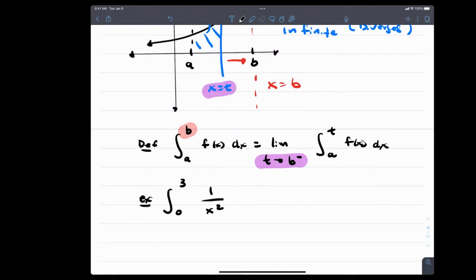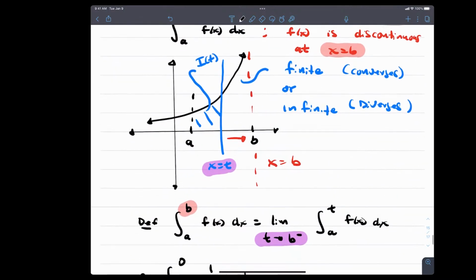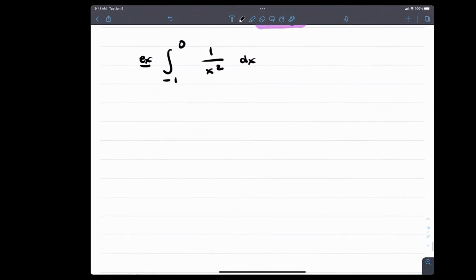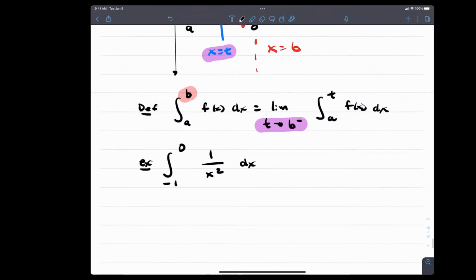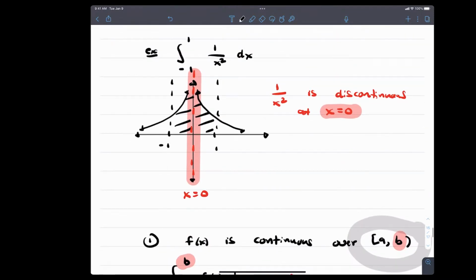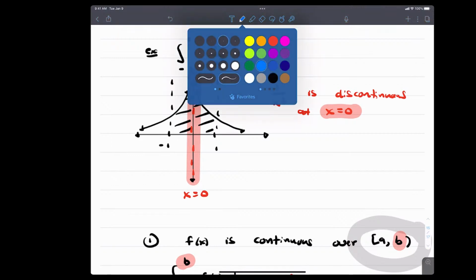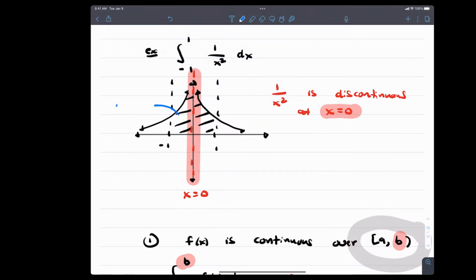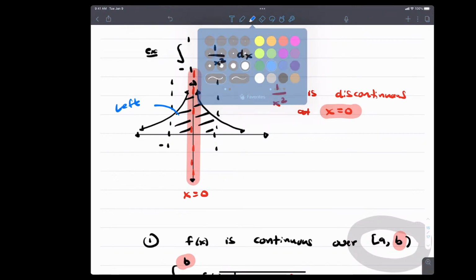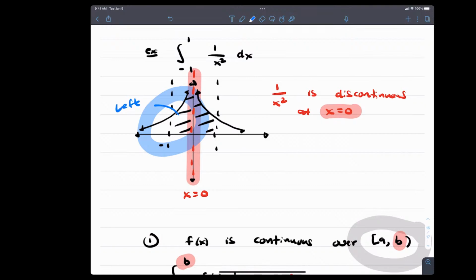Integral of 1 over x squared dx, but I'm going to look at it from -1 to 0. So you guys can see my point. When you go back to that curve again, where is it discontinuous? I just changed this question on you. I'm looking at the left side here, from -1 to 0.